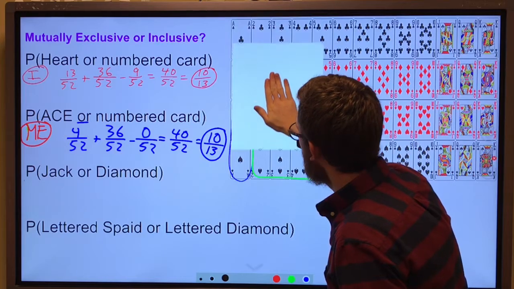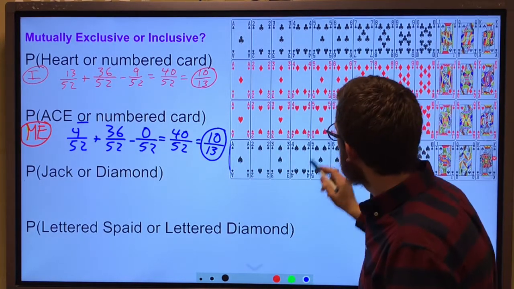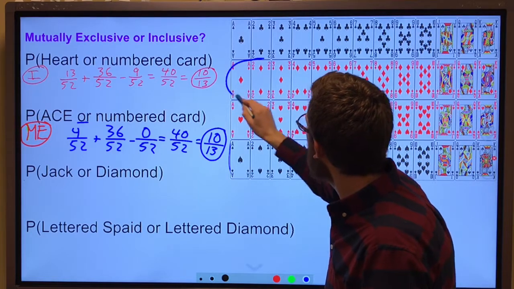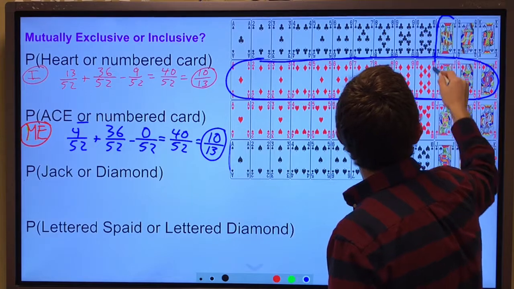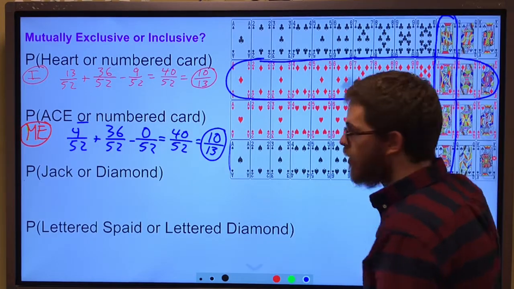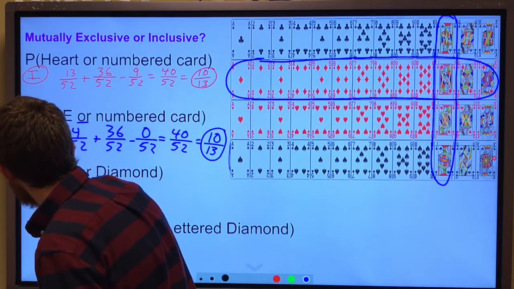Moving on to the next one, probability of getting a jack or a diamond. So here's all the diamonds. There's all the jacks. There is overlap, which means this is inclusive.